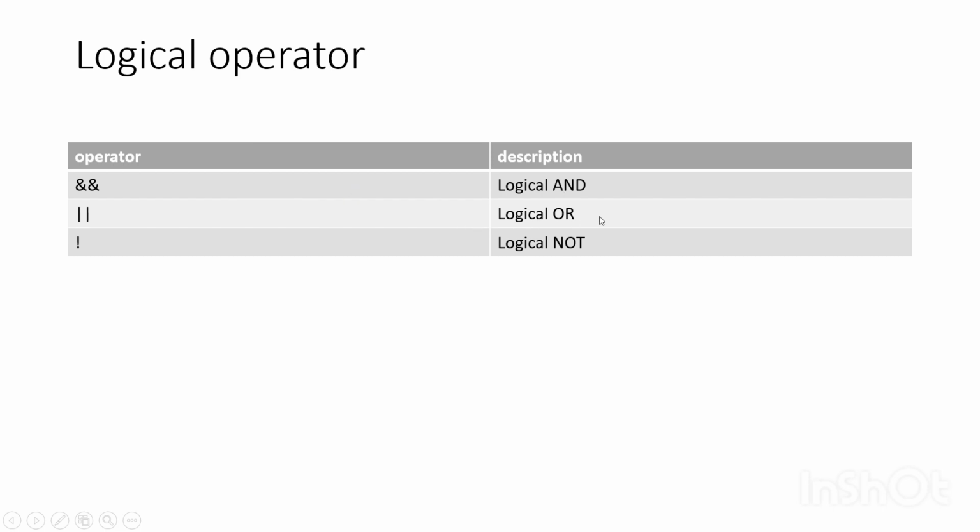In the logical or, if both conditions are true, then it will provide true, and if any one of the conditions is true, it will also provide true. This is the logical not operator.